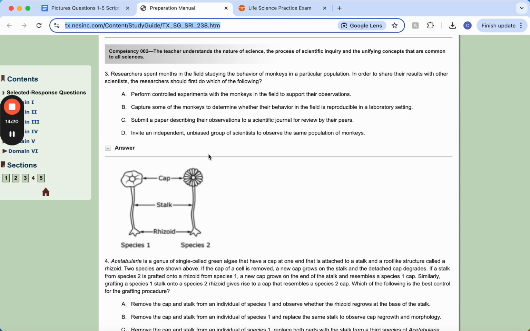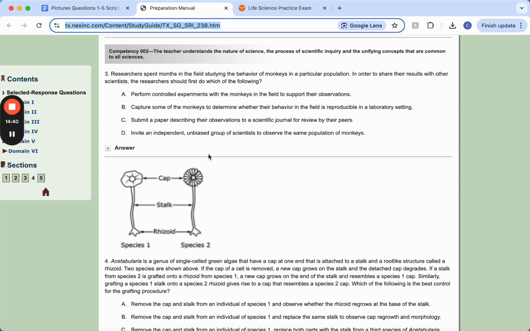B is incorrect because animals will not act natural in a lab. It just isn't possible. It would be like wanting to see how people interact at school and then trying to move them into a laboratory and study it. As soon as you move it, it isn't going to be the same environment, and therefore we're not getting the same results and doing the same study or experiment.